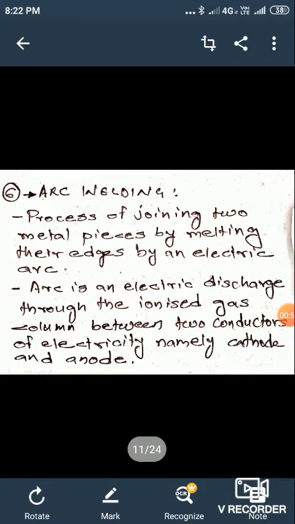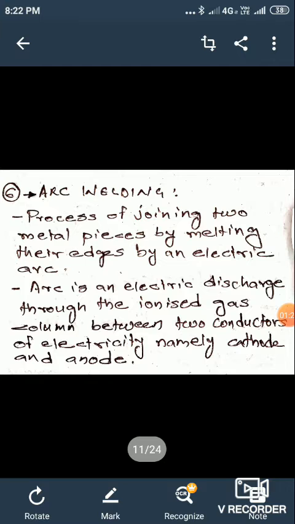When two conductors, that means this cathode and anode, are touched and then separated by a small distance, electrons liberated from cathode move towards anode.